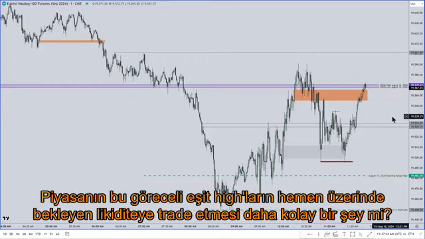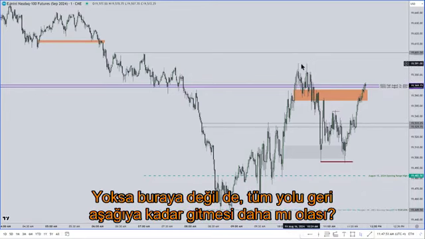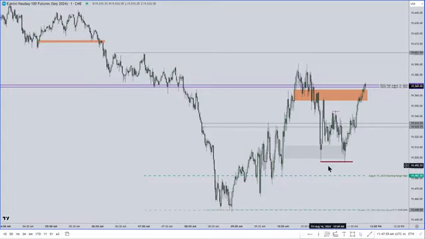So here's a question for you. Is it easier for the market to trade to the liquidity that's resting right above these relative equal highs? Or is it more likely to go not here, but all the way back down here? Which one's easier to do?